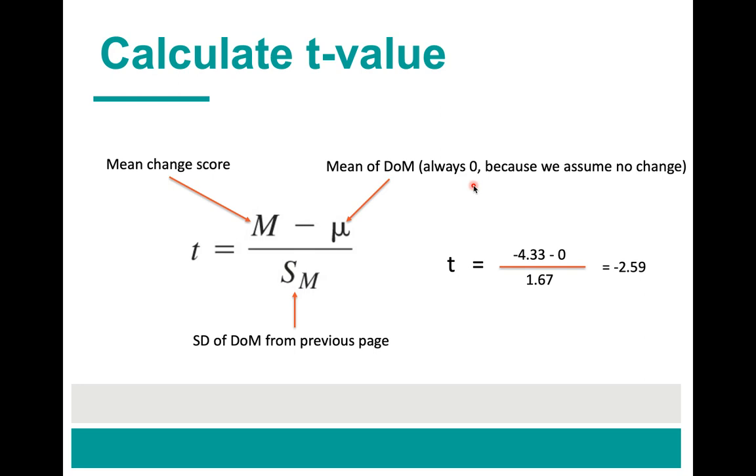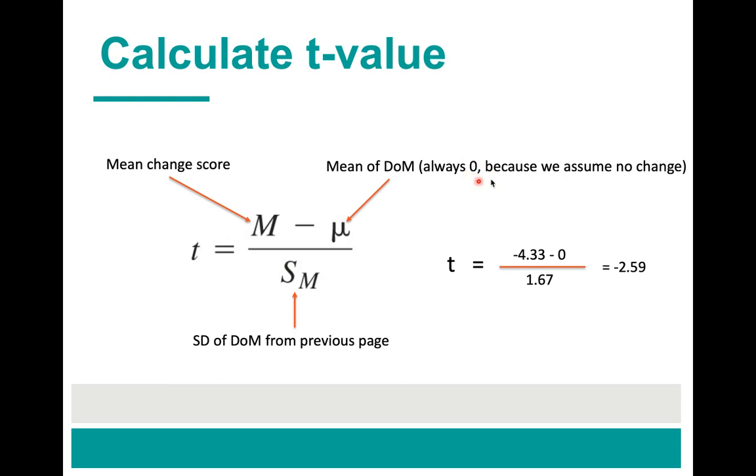Because we're comparing the change that we observed in 2 weeks of therapy, M, against the idea that nothing happened, right? It's kind of our null hypothesis. Mu ends up being our null hypothesis because we assume that therapy did nothing. If therapy did nothing, then what would our change scores be? They'd be 0.